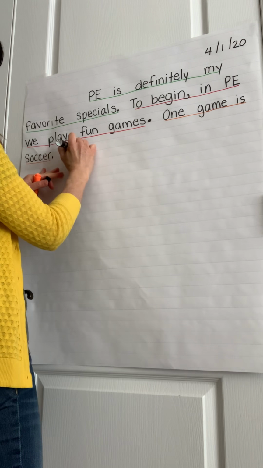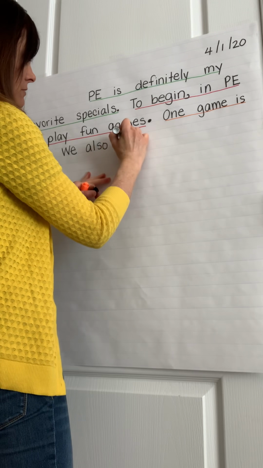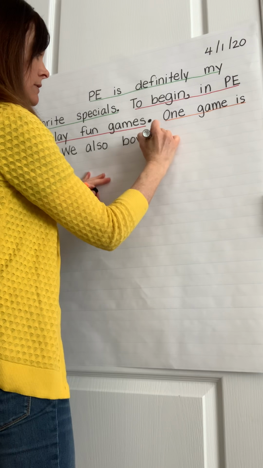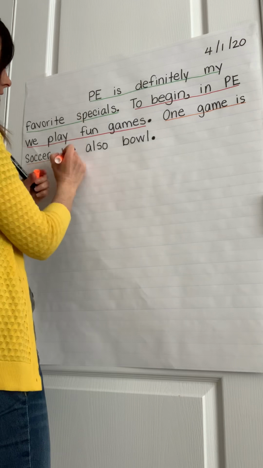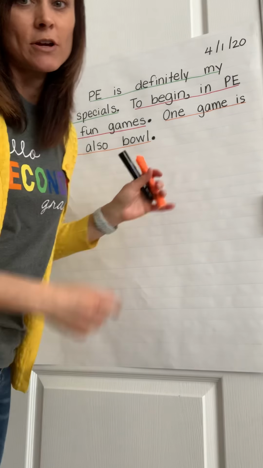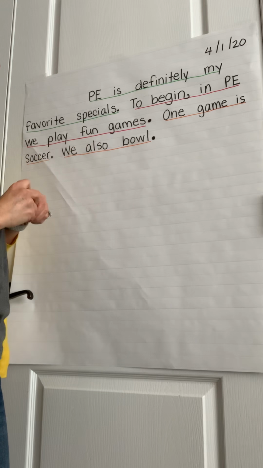You can start with the capital. We also bowl, period. Okay, and I'm going to underline that also in yellow, which mine is orange, but you would also underline that in yellow. And here are my 2 detail sentences to match my big idea.